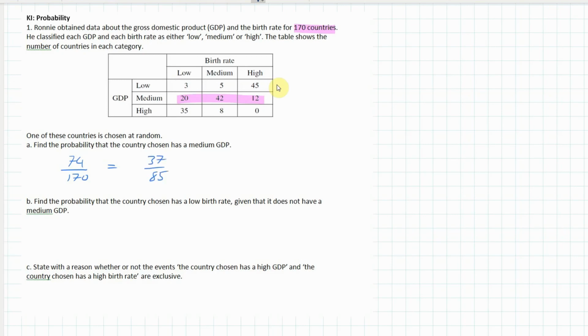Now, find the probability that the country chosen has a low birth rate, given it doesn't have medium GDP. So, probability of a low birth rate given not medium GDP.